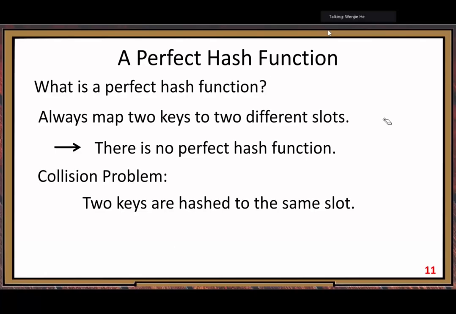You need to allocate a different slot to the second key, because the current slot has been occupied by another element already. So you need to find a different slot for the new element. That's the perfect hash function.